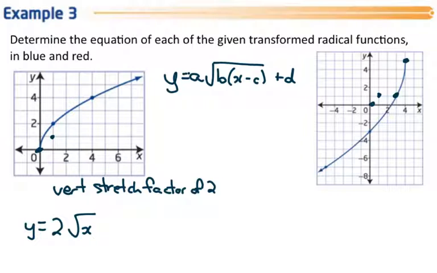So normally we go up and to the right, now we're going down and to the left. So not only do we have a vertical reflection to make this point go down, we also have a horizontal reflection to make this point go to the left.